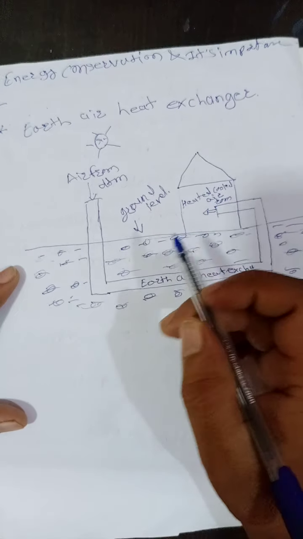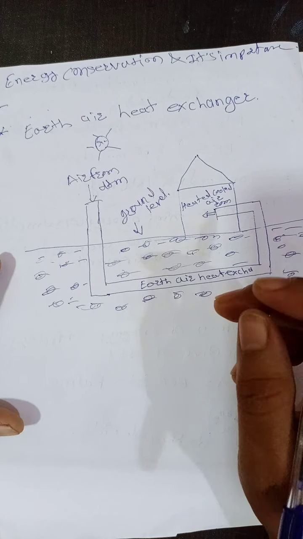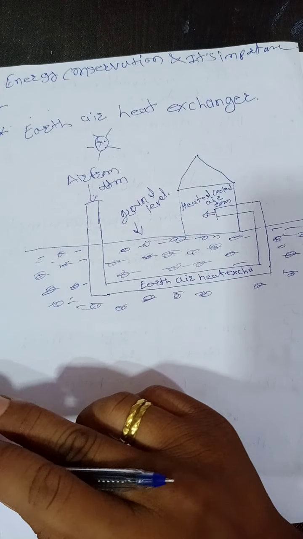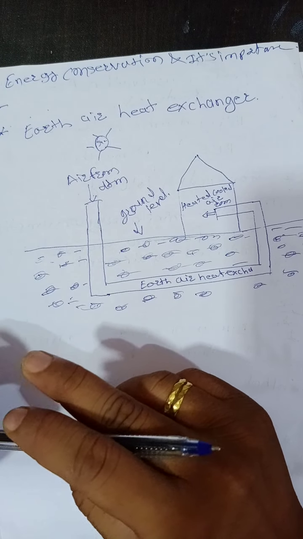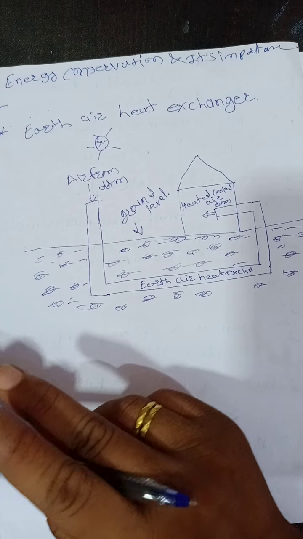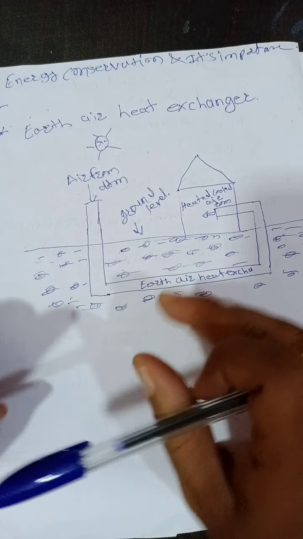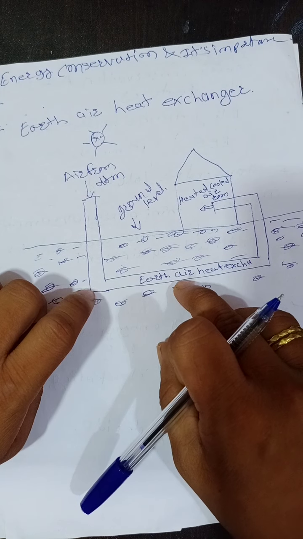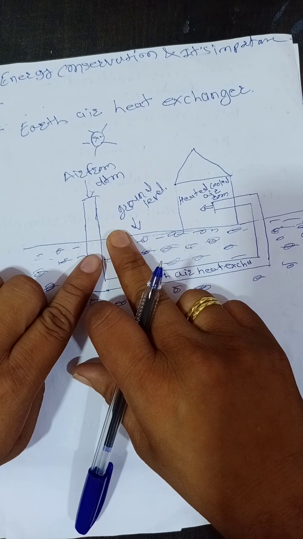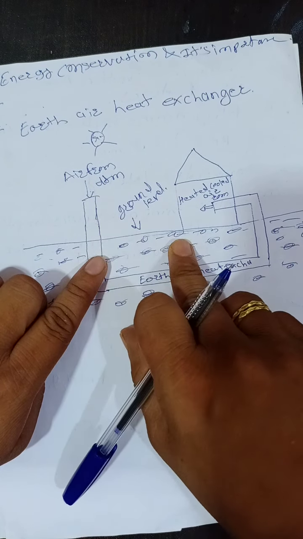Okay, see here, this is a very useful energy we can use to create heated air or cooled air, right? A ground coupled heat exchanger is an underground heat exchanger that can capture heat from or dissipate heat to the ground.